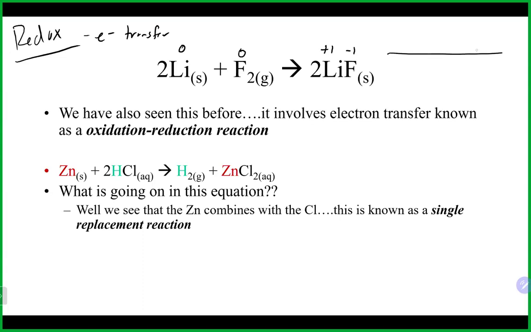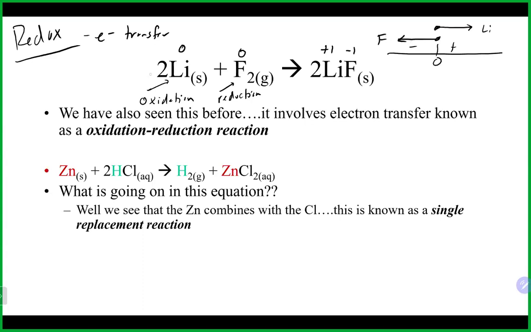So once again, if we take a look at what is happening, the lithium is starting at 0 and ending at +1, and it is moving in the positive direction. The fluorine is starting at 0 and ending at -1, which is moving in the negative direction.